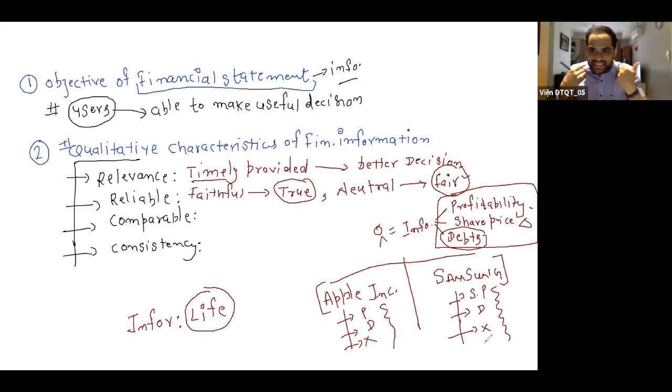So we can easily compare two companies' financial statements, no matter whether it's a bank or a manufacturing company, a service company, or insurance. If they have information about profitability, share price, and debts, we can still make the comparison.